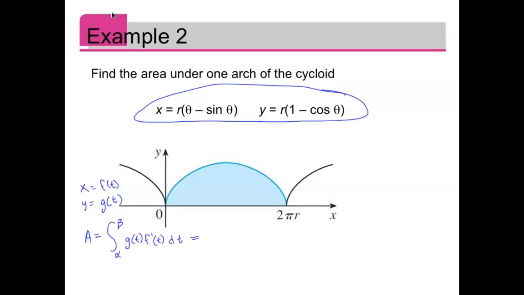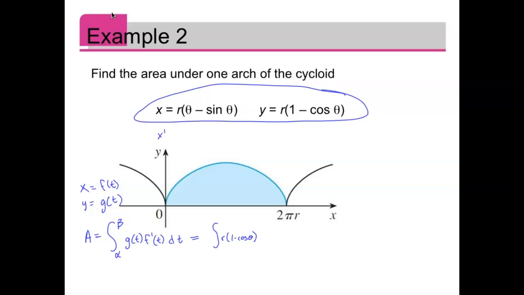All right, so now let's put it in the context of what we have here. So this is going to be the integral of the y parametric equation. So that's r times 1 minus cosine theta times the derivative of the x parametric equation. So first let's figure that out.